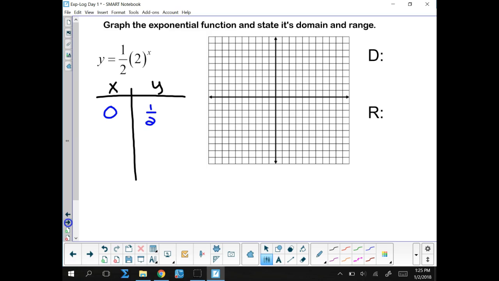So that means I go through the point 0, comma, 1/2. Okay. What's the next easiest x value? 1. 2 to the first power times 1/2. So I go through the point 1, comma 1.